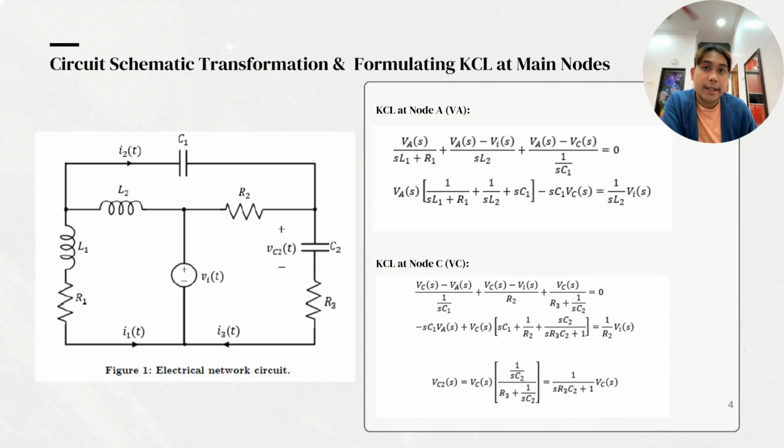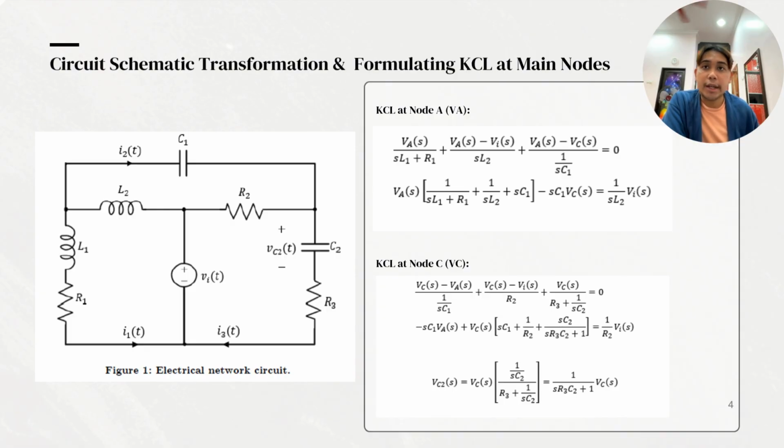By grouping the state variables VA and VC together, we obtain a simple algebraic equation ready to solve: VA times the bracket 1 over L1 plus R1 plus 1 over L2 plus C, close the bracket, minus C1 multiplied by VC, equal to 1 over L2.